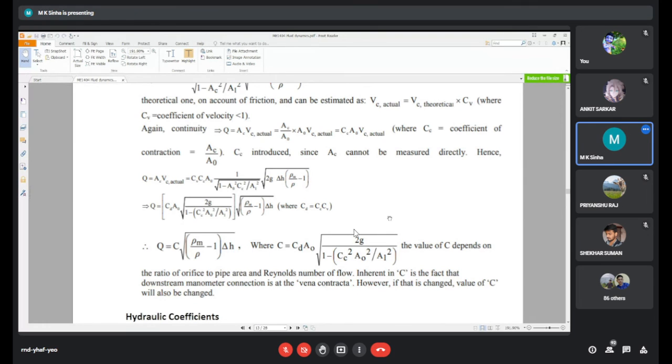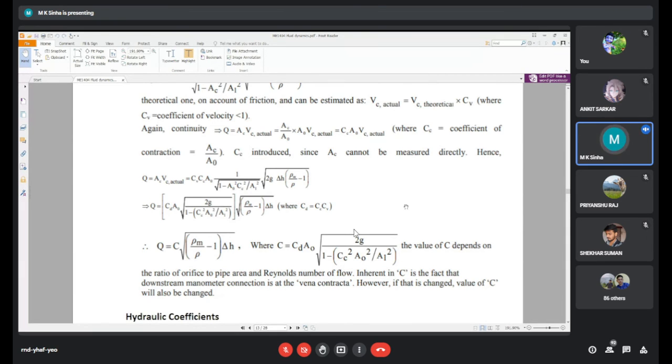See, first I discussed the coefficient of velocity, actual velocity divided by theoretical velocity, then the coefficient of contraction, the area at contraction divided by the minimum area, A naught. And the product, the coefficient of discharge, is nothing but the actual discharge by the theoretical discharge.